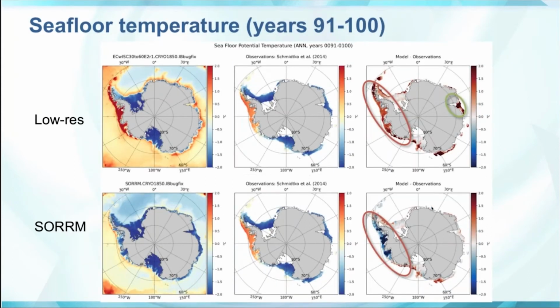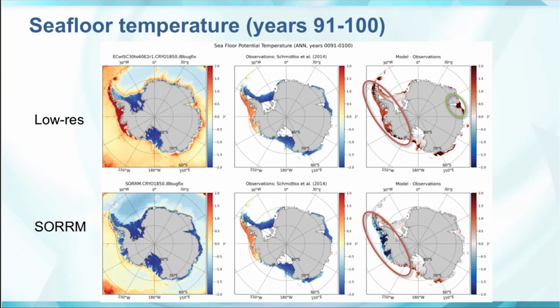And next I want to look at the seafloor temperature biases. These are something in the cryosphere that we look at pretty regularly, because these are strong indications of how the ice shelf melting is going to respond. So I'm highlighting, this is the Amundsen Sea, Bellingshausen Sea sector in these red circle lines.